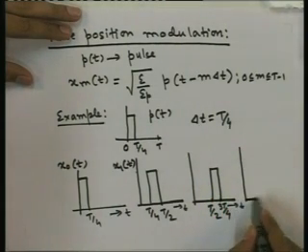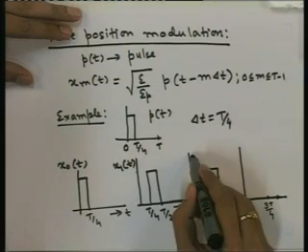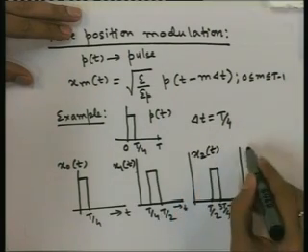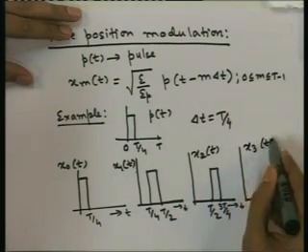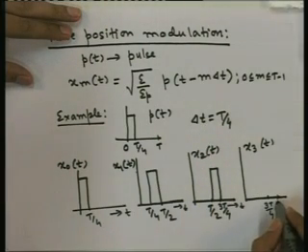And this is x2(t), this is x3(t). For x3(t), it will start from 3T by 4, it will end at T.